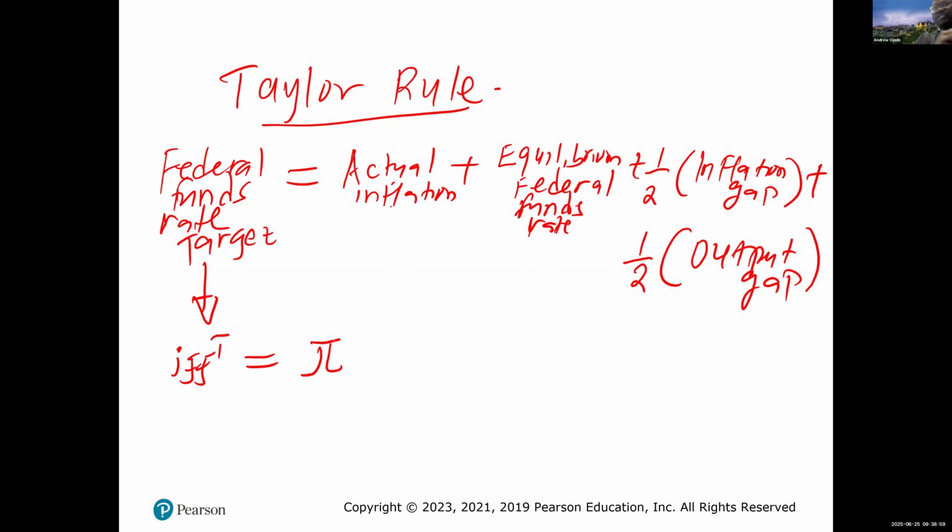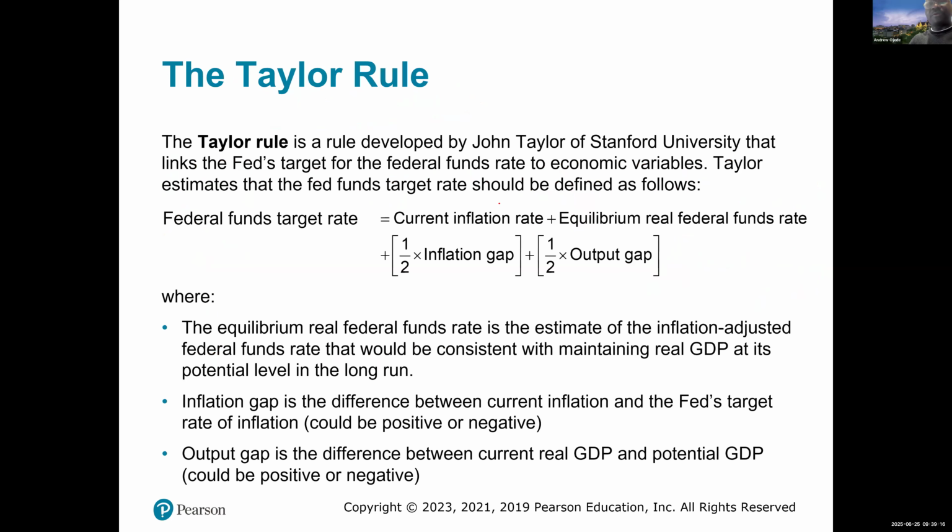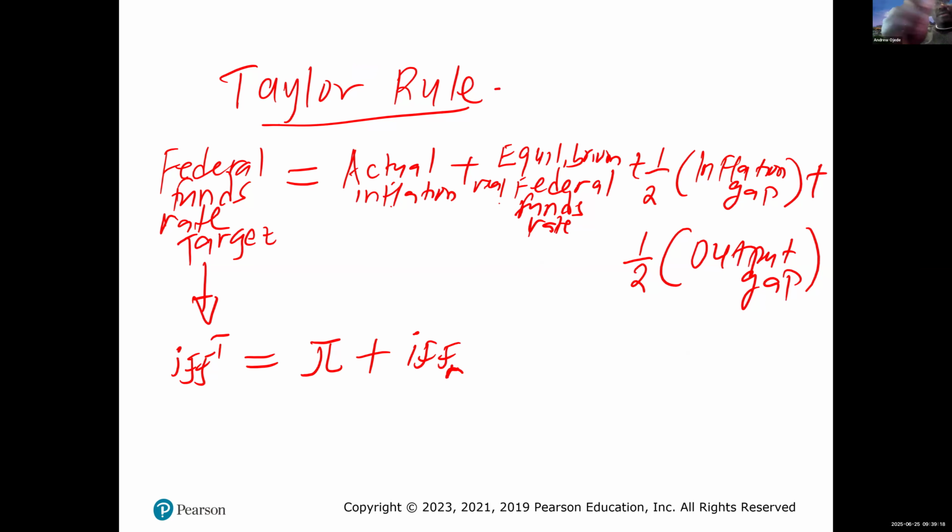That's what we define as actual inflation or current inflation. Then I'm going to write the equilibrium federal funds rate. This is only going to be given to you because economists estimate this. So you write this as i_FFR. That's the equilibrium real federal funds rate. The word real has to be there.